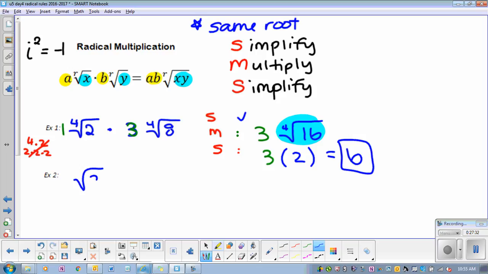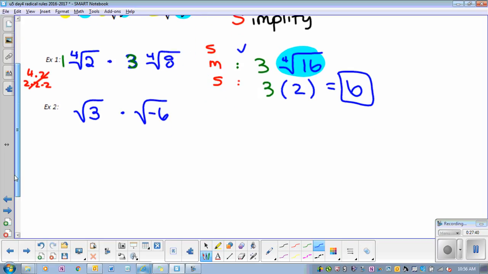So how about if we had square root of 3 times square root of negative 6? Now, make sure you guys do this S-M-S thing, because on problems like this is where you could get it wrong if you don't simplify first, okay?